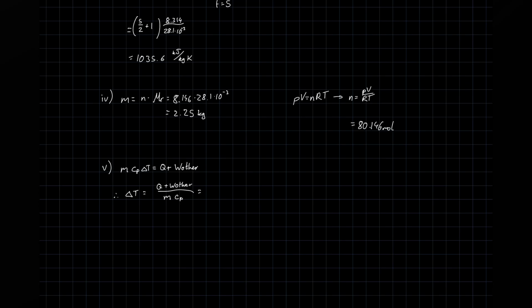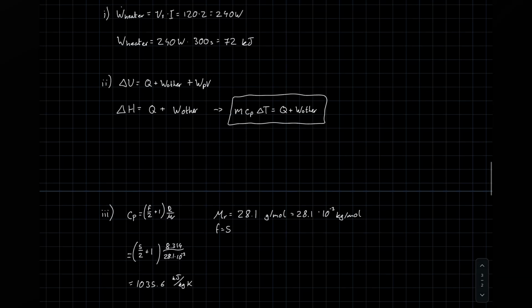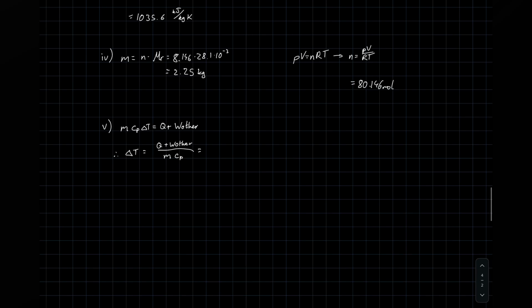So it's just a case of plugging in the numbers. So we know that Q is our heat loss, which was minus 2,800 joules, plus the work that the electric heater did, which was 72 kilojoules.